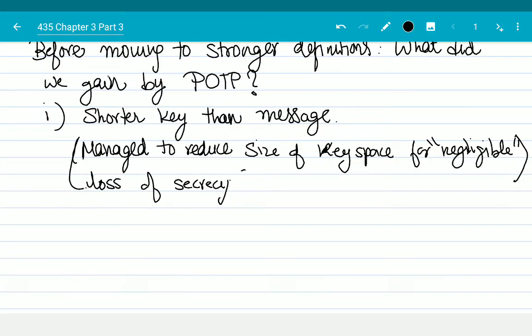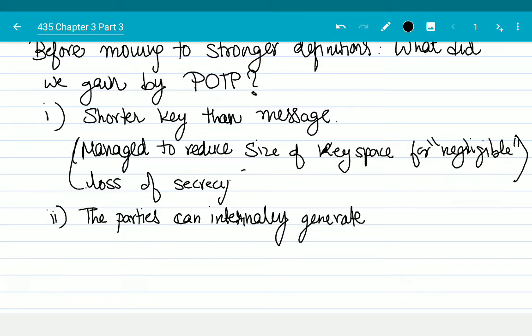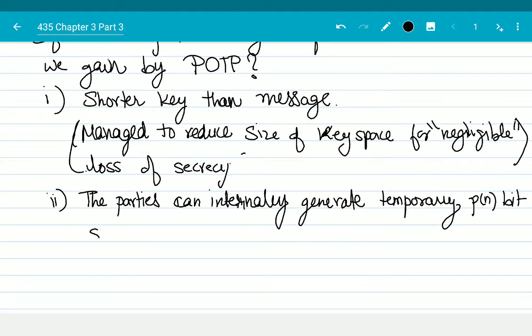And the fact that the parties can internally generate temporary n-bit strings to encrypt and decrypt is mostly irrelevant.